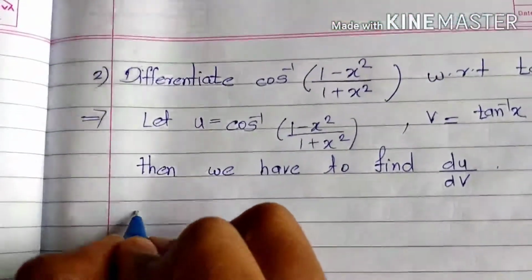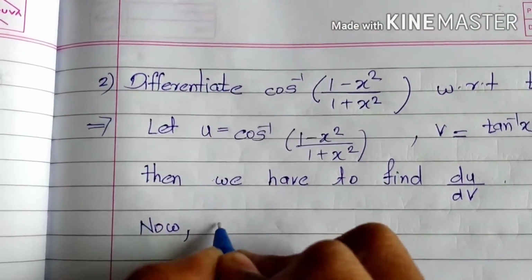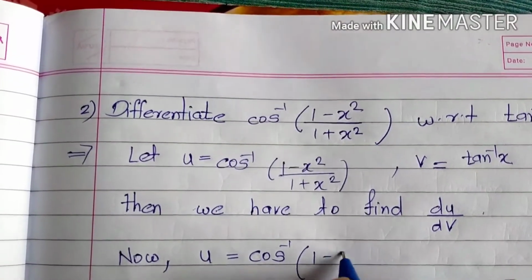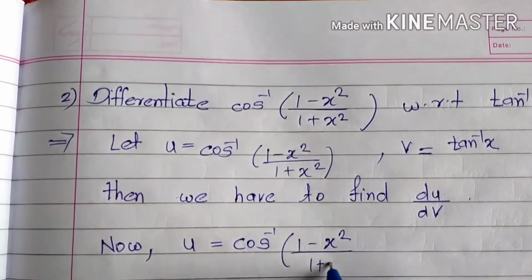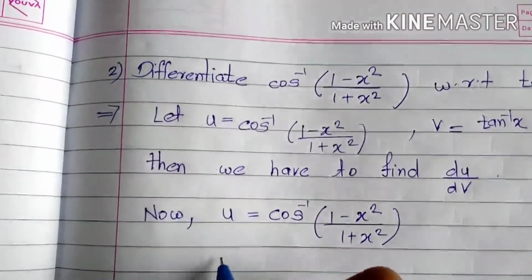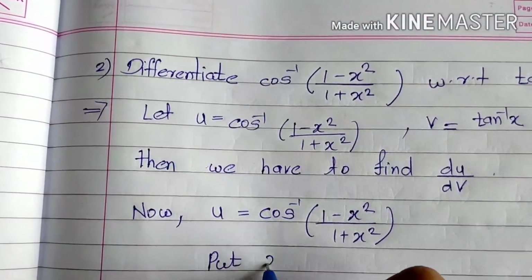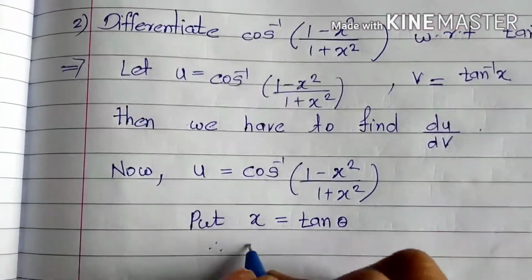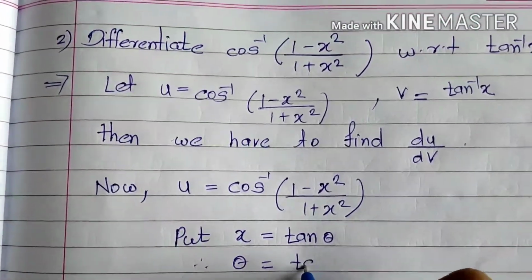So now u is equal to cos inverse of (1 minus x square upon 1 plus x square). Put x is equal to tan theta. Therefore theta is equal to tan inverse x.